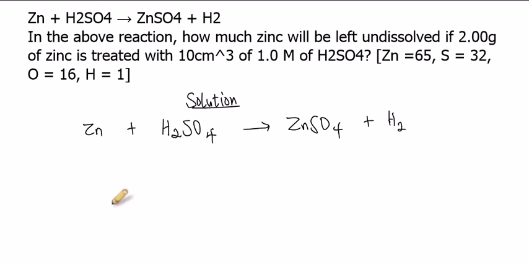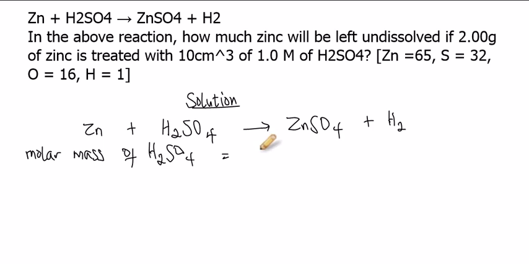The next thing to do now is to calculate the molar mass of tetraoxosulfate 6 acid. So we say molar mass of H2SO4 equals the sum of the atomic masses of the elements present.